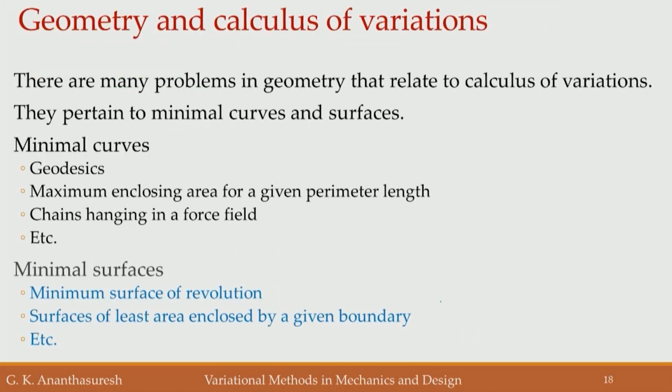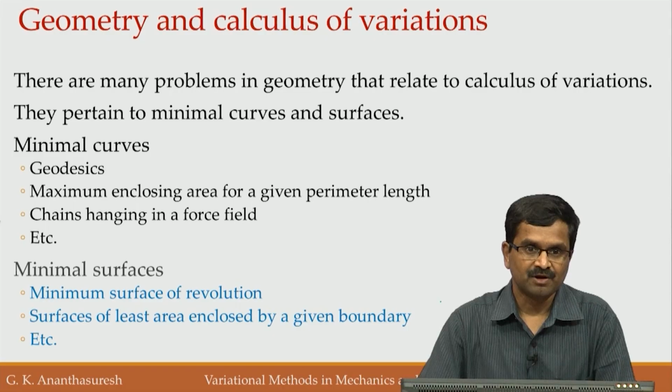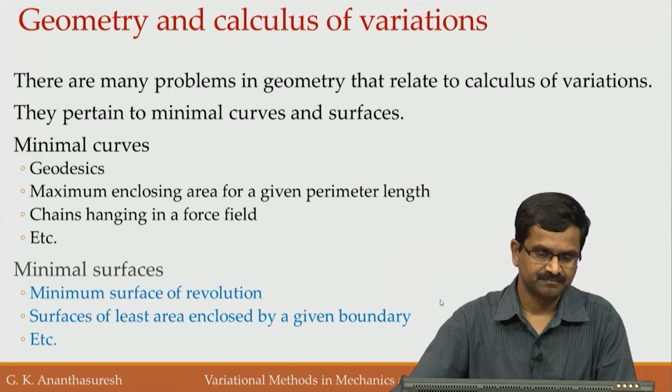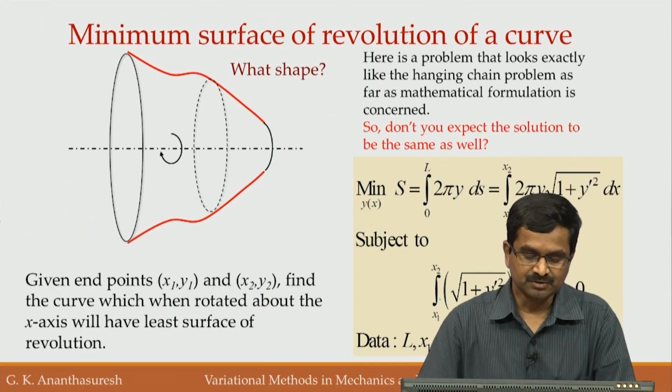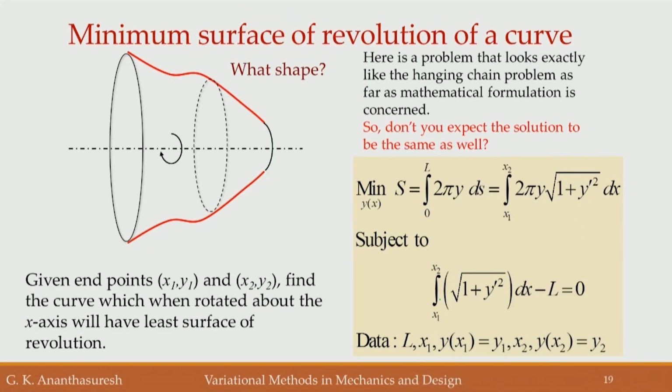So, we discussed a few problems involving curves. Now let us move to surfaces. This is a problem similar to what Newton had considered to get the surface of revolution for a body to minimize the drag on it. But in this case we are looking at a problem which is not to minimize the drag, but to get this surface in a way that it is minimized.